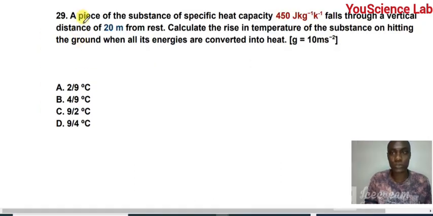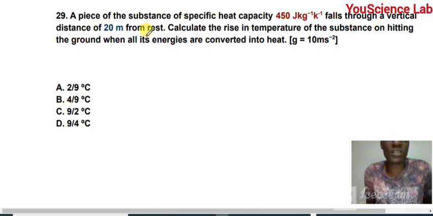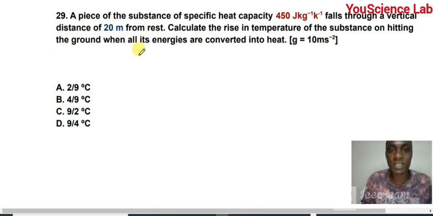Okay, for question 29, a piece of substance of specific heat capacity 450 joules per kilogram per Kelvin falls through a vertical distance of 20 meters from rest. Calculate the rise in temperature of the substance on hitting the ground when all its energy is converted into heat energy. Okay, since the object is falling from a height, the total potential energy is going to be converted to the heat energy.